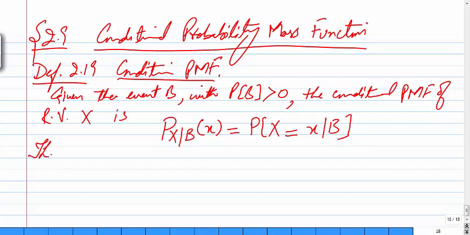Now we look at the theorem that helps us solve problems related to it. This is Theorem 2.6.